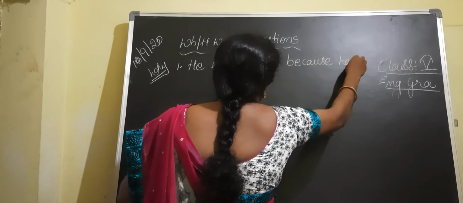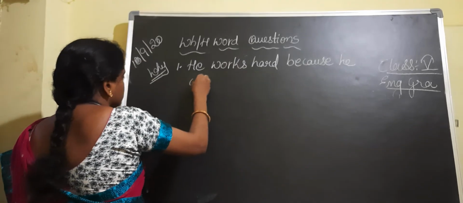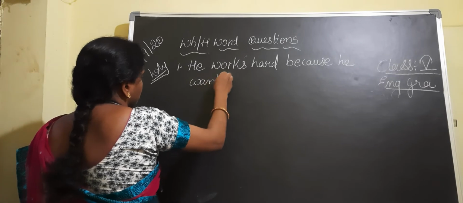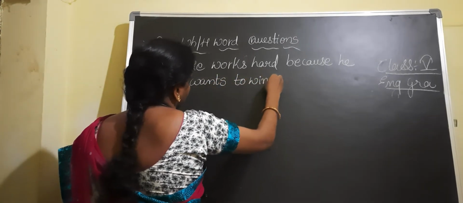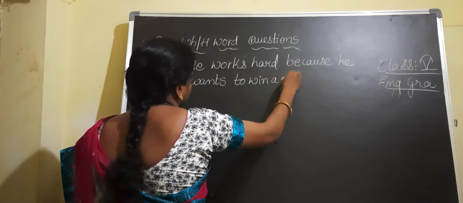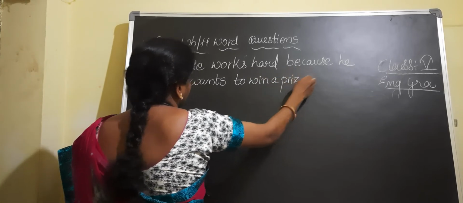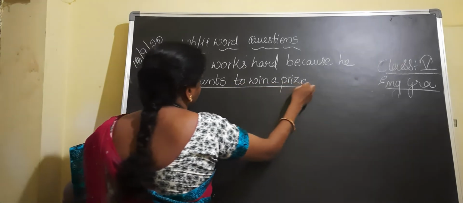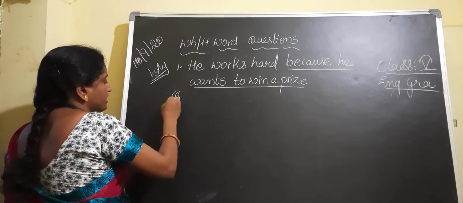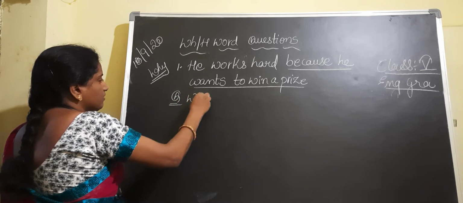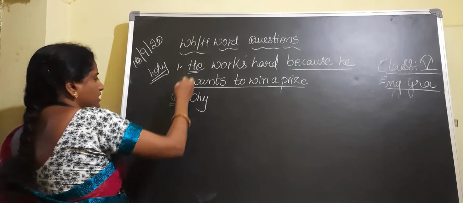Because he wants to win a prize. Now this is a statement given to you children in bold letters. So we have to start our question with why, children. Why? What is the subject, nana? He, singular.